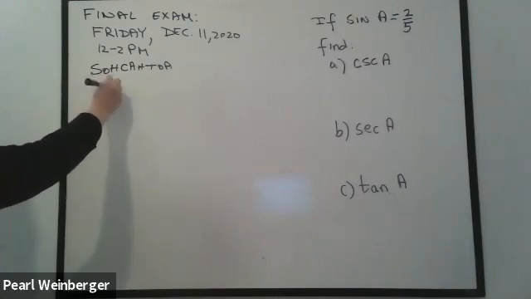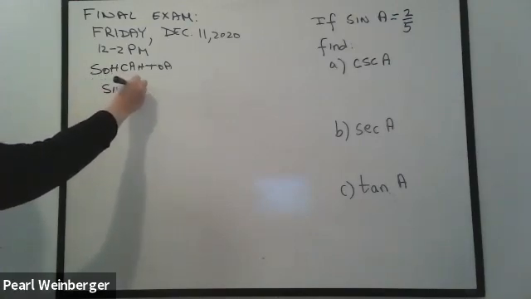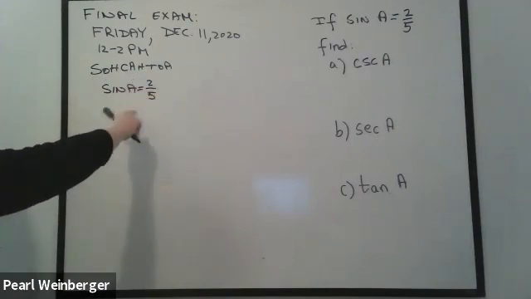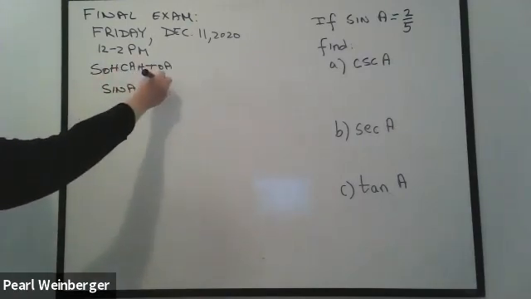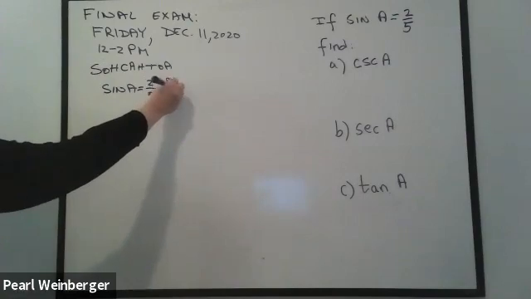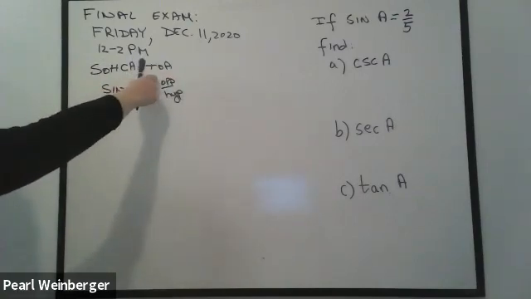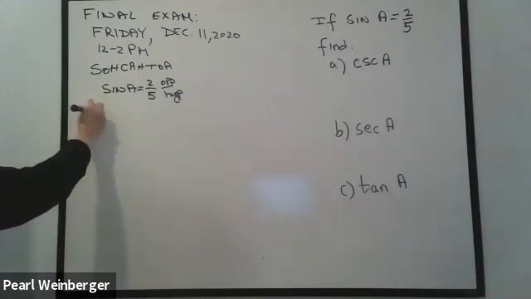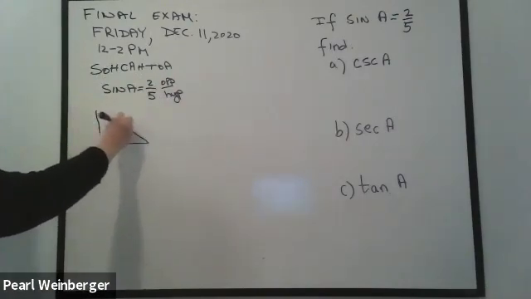So when I'm told that the sine of A is 2 over 5, I can draw a triangle where the opposite side is 2 and the hypotenuse is 5 because the sine is opposite over hypotenuse. So I'm going to draw myself a right triangle.